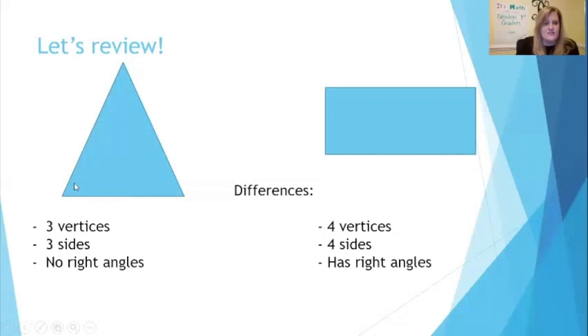No, a square could not fit snugly in the corner. But this shape over here is a what? A rectangle that has 4 vertices, 1, 2, 3, 4, and it also has 1, 2, 3, 4 sides. And the angles are what type of angles? Right angles.